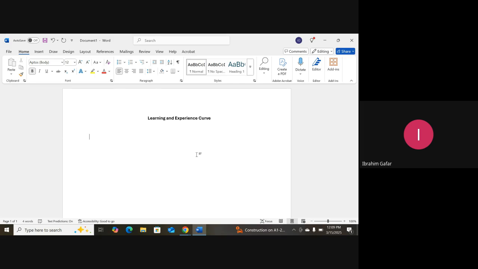The theory under this learning and experience curve is that we have to look at the learning curve theory. This learning curve theory is a mathematical model or tool that seeks to relate the labor time and labor-related cost of production.